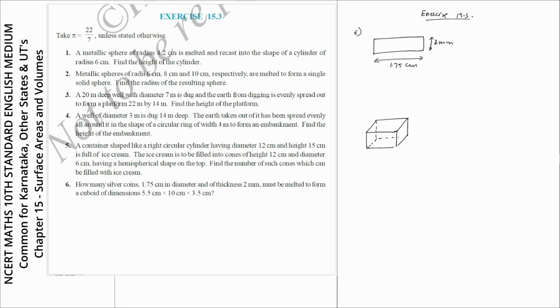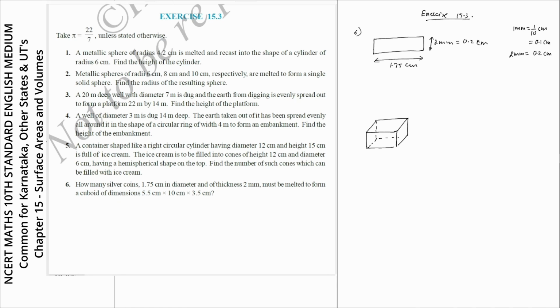If I calculate, I'll get the wrong answer. So 1 millimeter is equal to 1/10 of a centimeter, that means 0.1 centimeter. Similarly 2 millimeter will be equal to 0.2 centimeter.